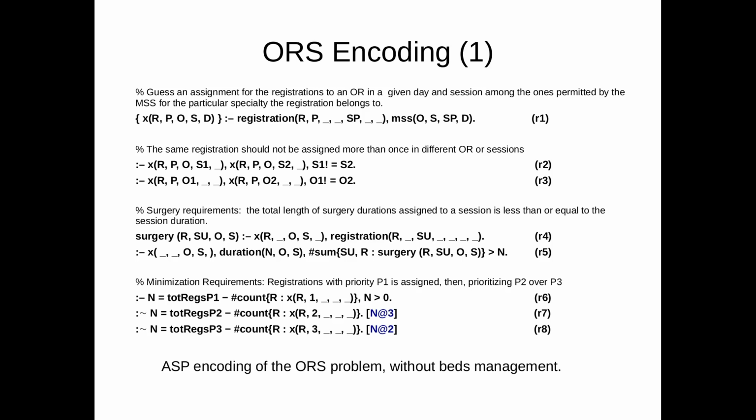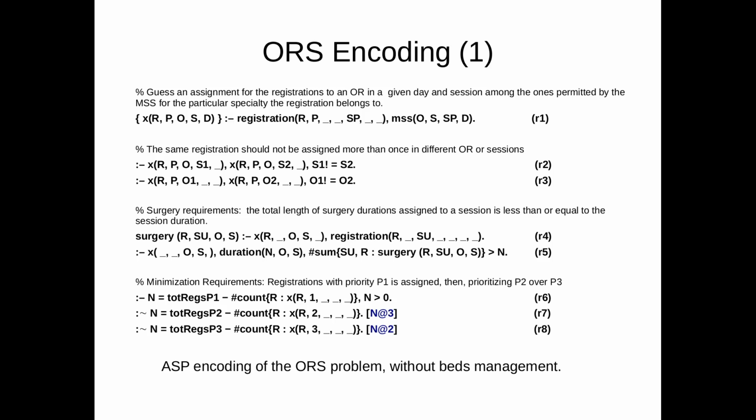So it basically guesses all the possible solutions, all the possible combinations, taking into account the registration and priority and MSS. So it's a huge search space, all the possible solutions, and it guesses this by having this registration atom and the master surgical schedule.